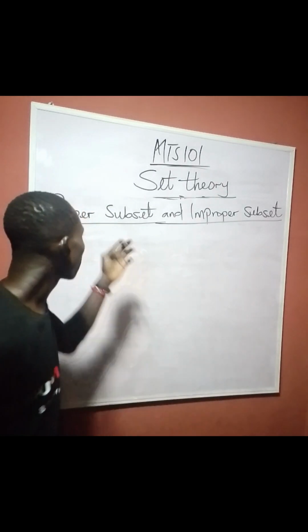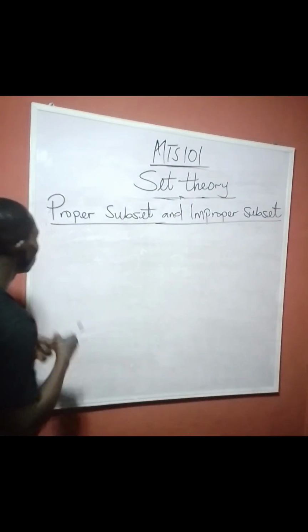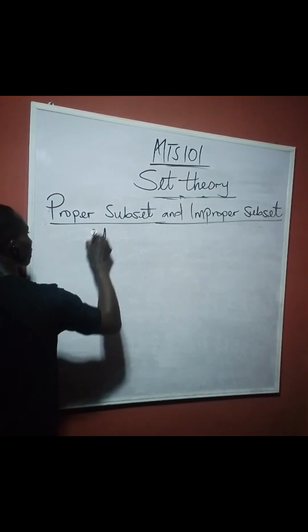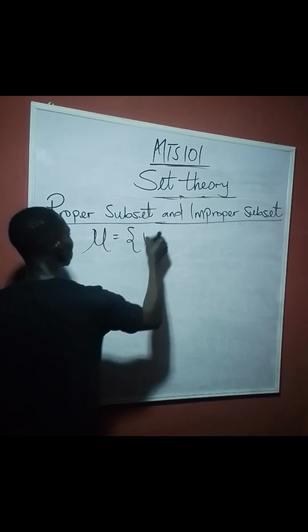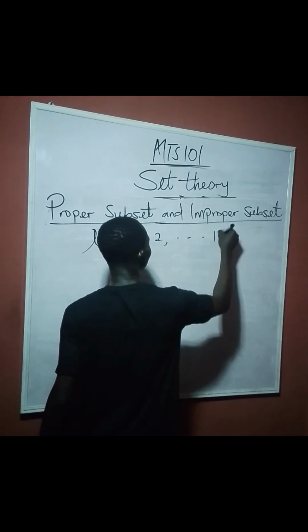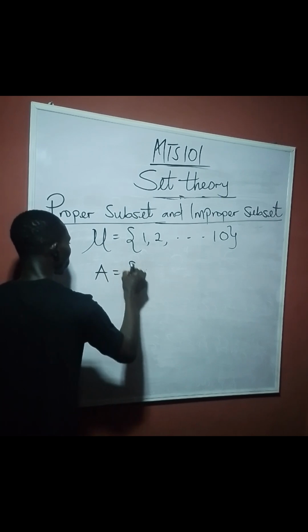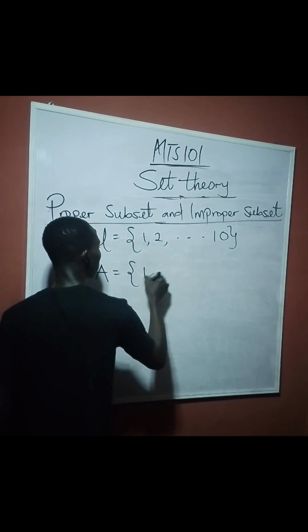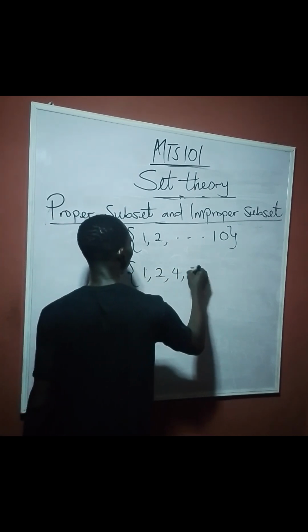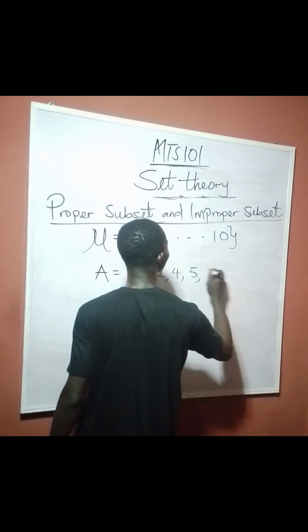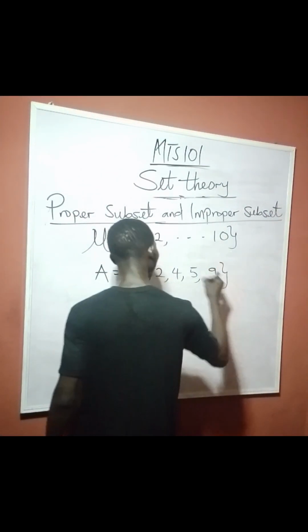Now what do we mean by a proper subset? Let's start with this. Universal set: 1, 2, up to 10. You know, this is a definite set. And you have A. Now A is 1, 2, 4, 5, up to, let's see, 9.